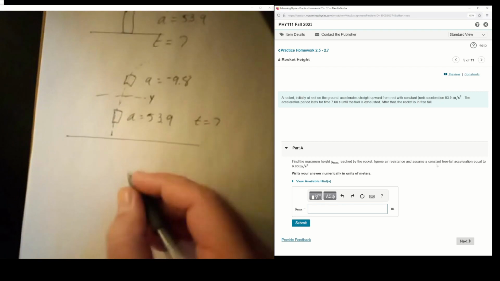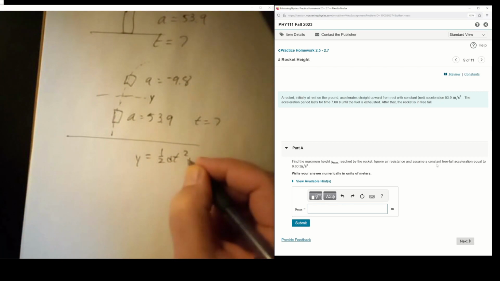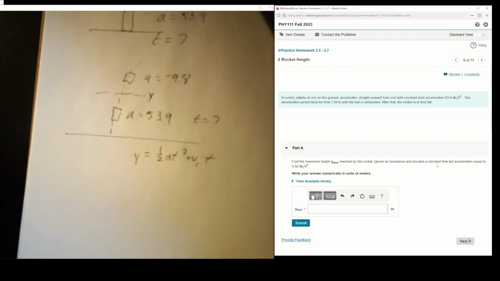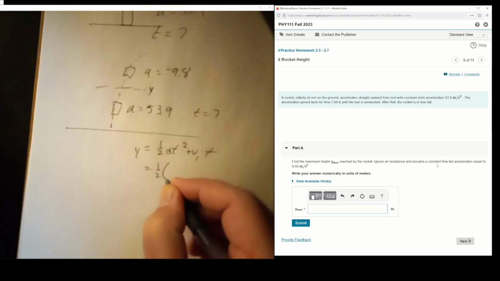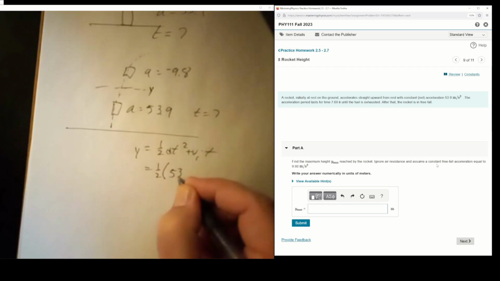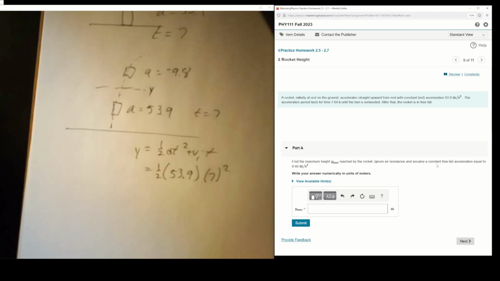And remember, the initial velocity is 0 here. And so we can use this equation to get that height. The acceleration is that from the rocket, fired for 7 seconds. And the initial velocity is 0, so this will give us the height.